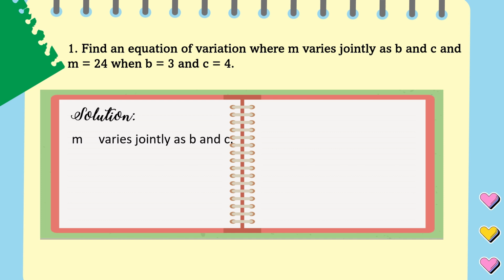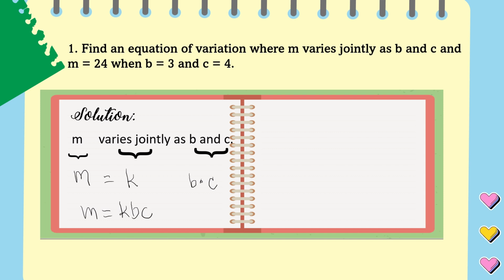We have to translate this statement. M varies jointly, is equal to k, as b and c, that is b times c. So the equation would be m equals kbc.